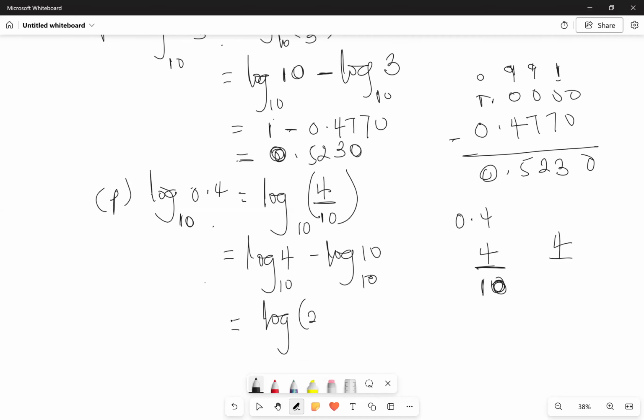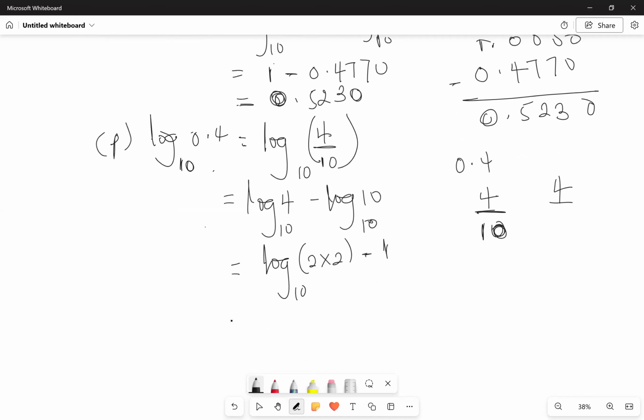I said look for two numbers that when you multiply or divide, you get 4, right? So it will be log 2 times 2, base 10. It's up to you. Minus log 10 base 10, which is actually 1. Whichever one you choose is correct.